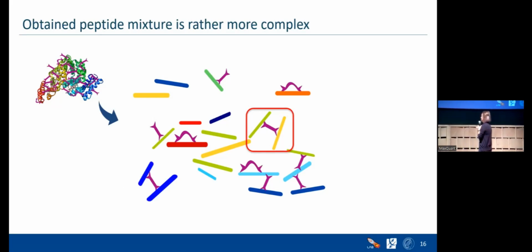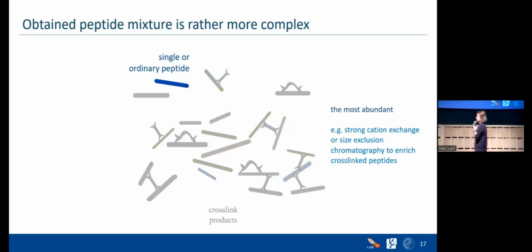But we are a bit unlucky to also have other products in there. We have a lot of single or ordinary peptides, and because they are still the most abundant, some enrichment techniques are used for crosslinking experiments.